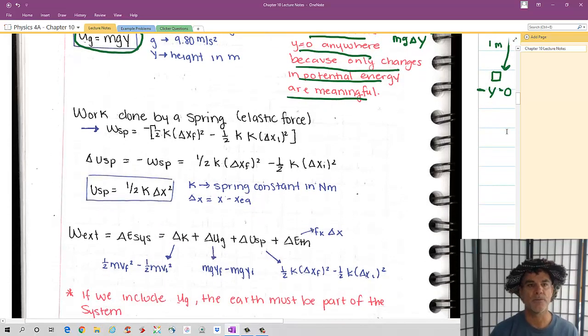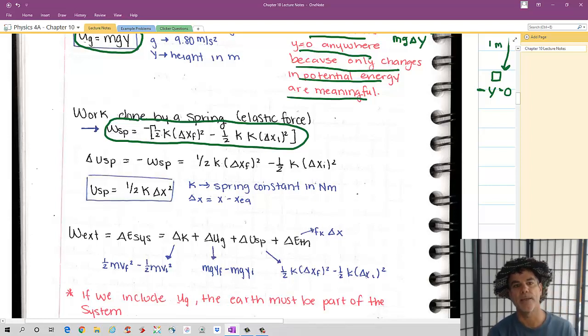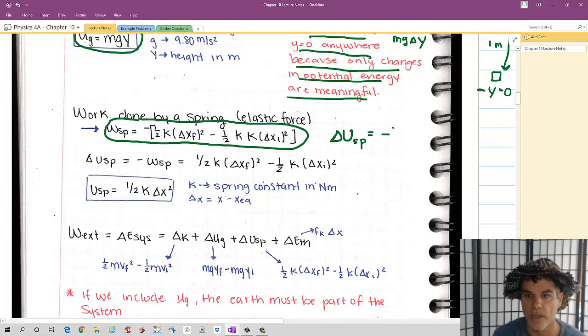Okay, now in terms of elastic potential energy. In chapter 9, we saw that the work done by a spring was equal to negative 1/2 k delta x final squared minus 1/2 k delta x initial squared. And again, the change in potential energy for any conservative force, and now we're looking at the spring force, is negative the work done as it goes from initial to final position.